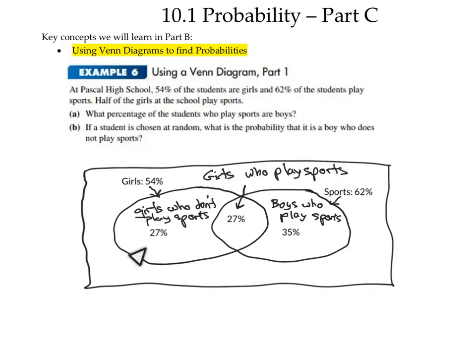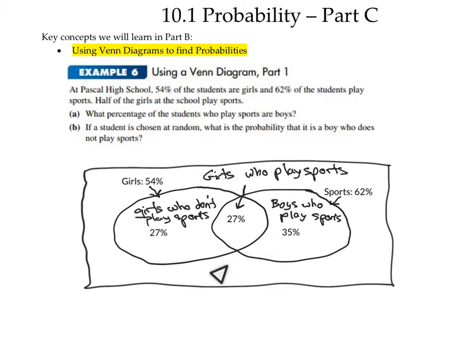In this region, we have girls who aren't in the sports oval, so these are girls who don't play sports. This region is the overlap of girls and people who play sports, so 27% of the students are girls who play sports. Finally, this is sport playing but outside of girls, so this region would be boys who do play sports.